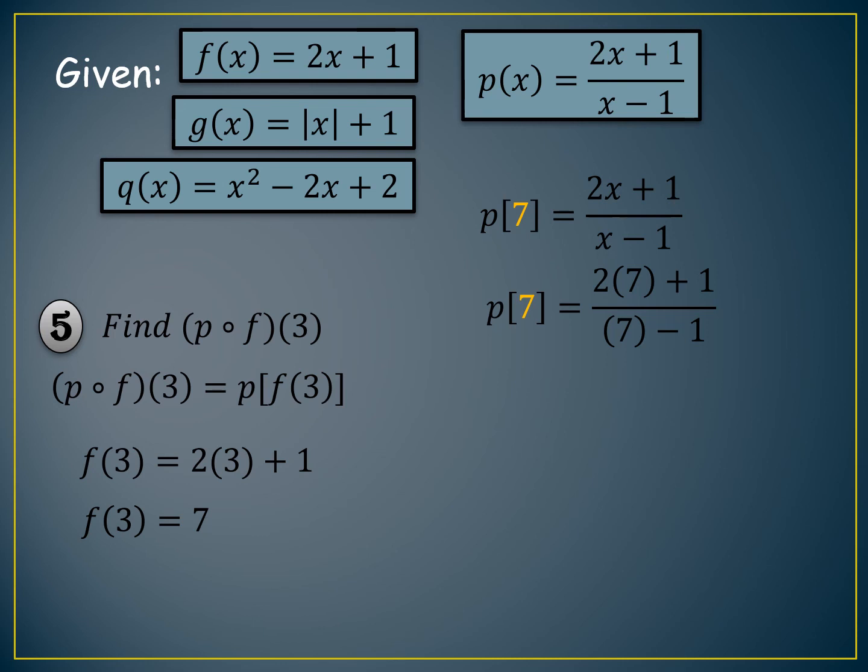So, 2 times 7 is 14. 14 plus 1 over 7 minus 1 is 6. So, 14 plus 1 is 15 over 6. And the lowest term of 15 over 6 is 5 over 2. So, the final answer is 5 over 2.